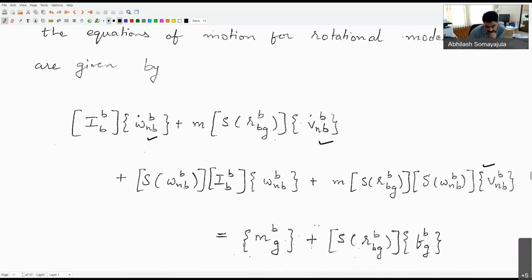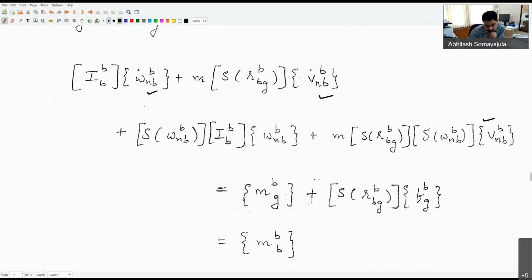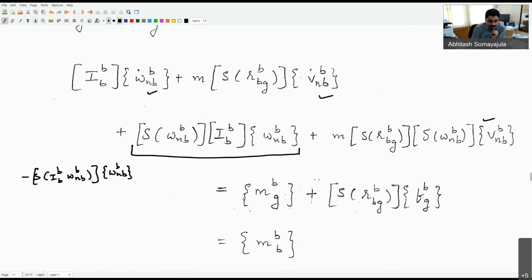Wait a minute. Correct. Here I have made a transformation. So this term ideally should have been minus S of IBB times omega nB times omega nB. Correct? This is what it should have been from what we saw above. Which is nothing but IBB omega nB cross omega nB.